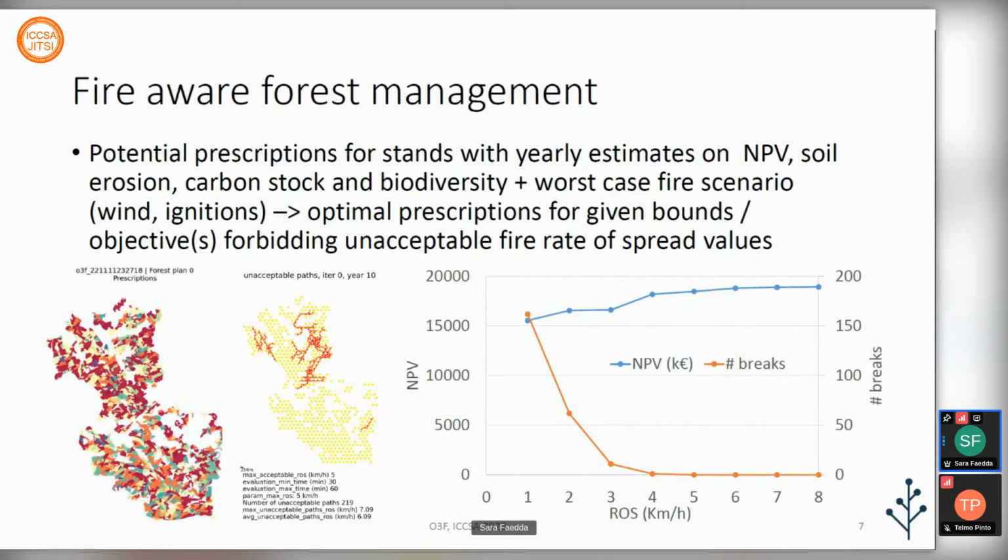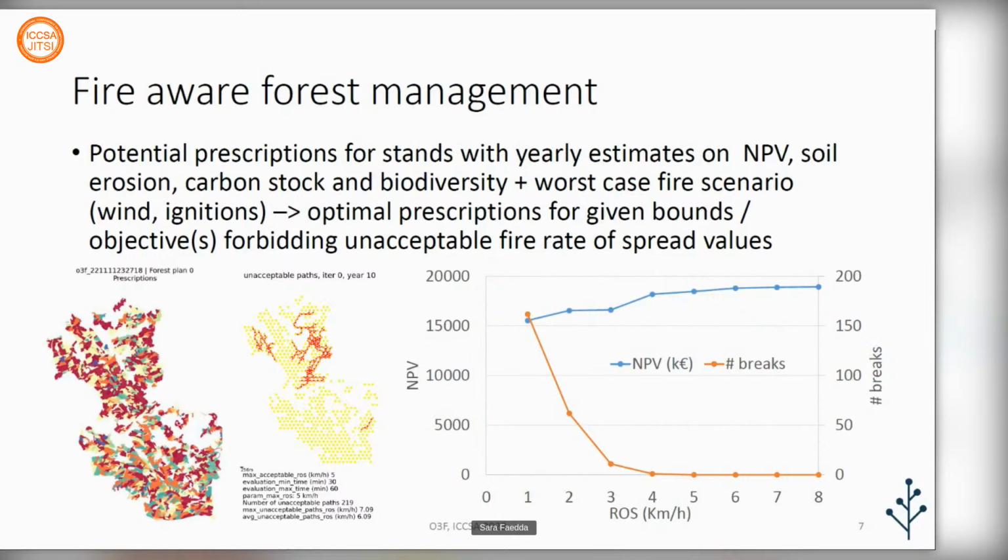So what we are doing here is, first, we optimize the prescriptions for the stands using mixed integer programming, and then we simulate the potential fire according to the prescriptions that the optimized model gave.